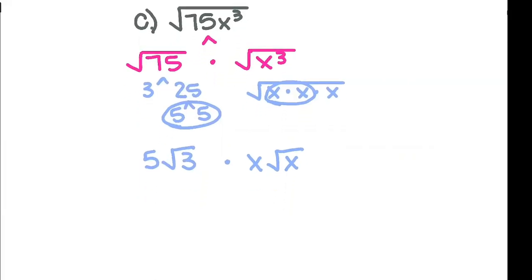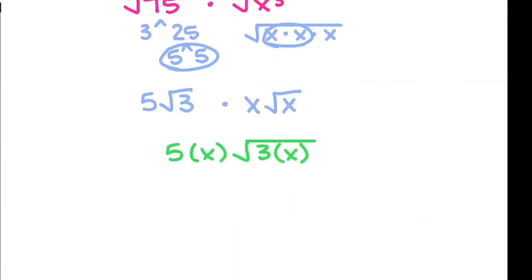Whatever's on the outside of that radical multiply together, and whatever's on the inside of that radical, as long as the index is the same, multiplies together. So we would do the 5 times x, keep the square root, do the 3 times x underneath the square root. 5 times x is 5x, and 3 times x is 3x. So that's 5x square root 3x.